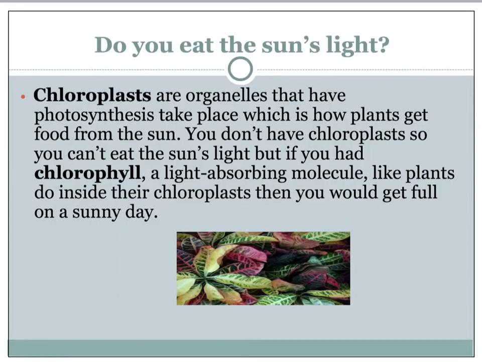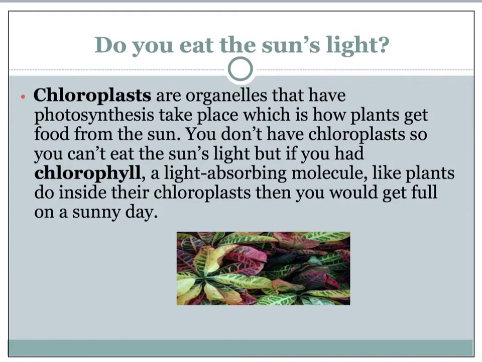Okay, so in class we're going to do a cell activity where we're going to talk about the different cells a little bit more and what's inside of a cell. But for right now, we're going to move on to something else called photosynthesis. Now, plants have a couple things that we do not have in our own cells.